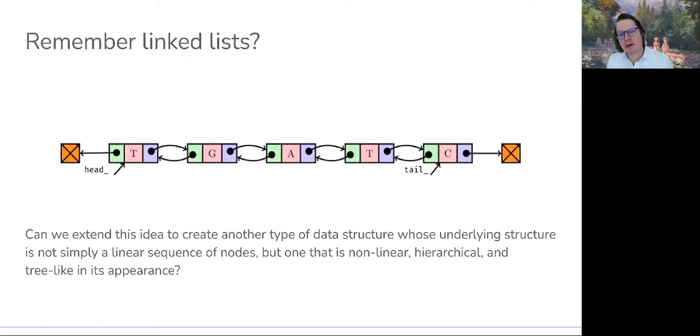What if I told you, okay, instead of having some sort of head, let's say we have some sort of root. And let's say that instead of moving to the next node, you can either move to a node that resides to the left of this node called root, or you could move to a node that falls to its right.